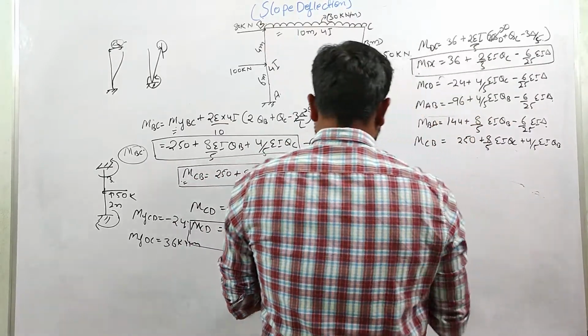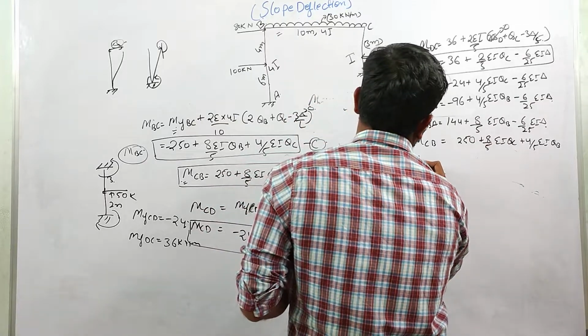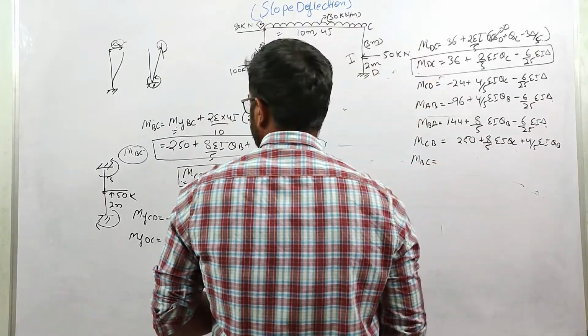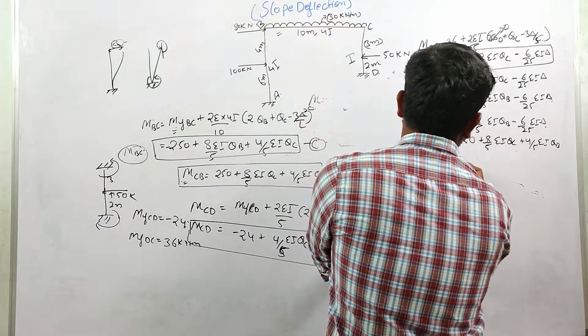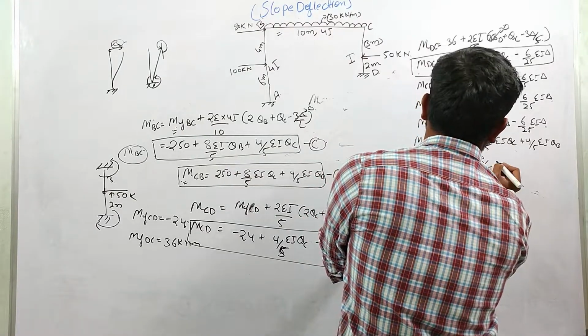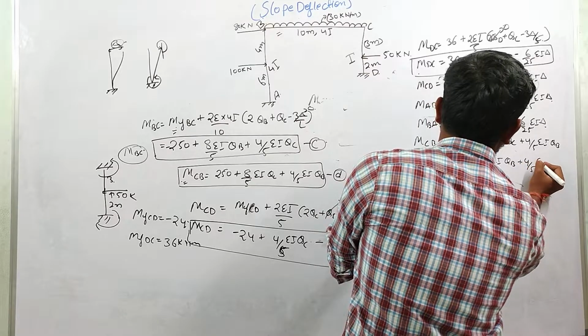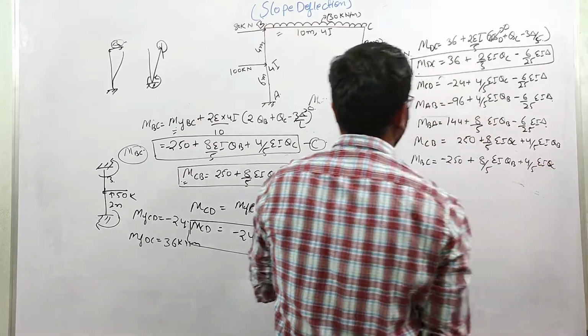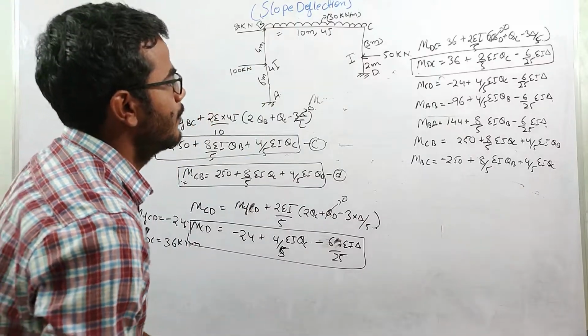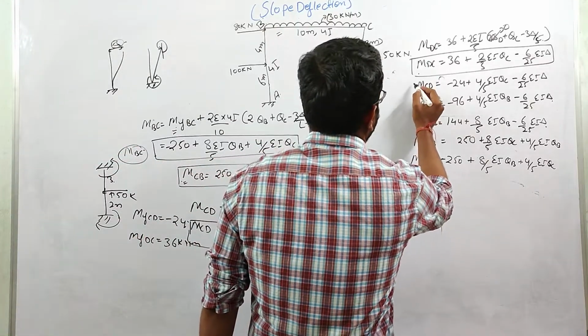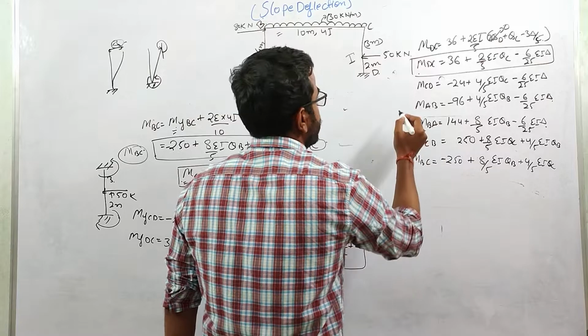Now the value of MBC: MBC will be minus 250 plus 8 by 5 EI theta B plus 4 by 5 EI theta C. So this is the end moment equation, the equations for end moments we have written over here.